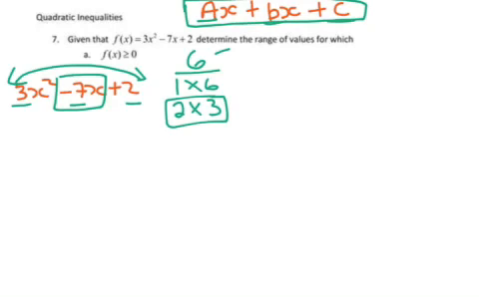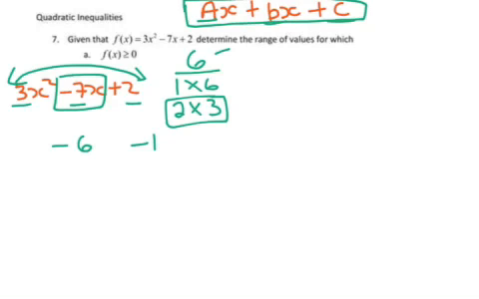So we know that can't work. When we add 1 plus 6, we get 7. But 1 plus 6 will give us positive 7, and we want negative 7. So therefore, it will have to be negative 6 and negative 1. Alright? So here we go.